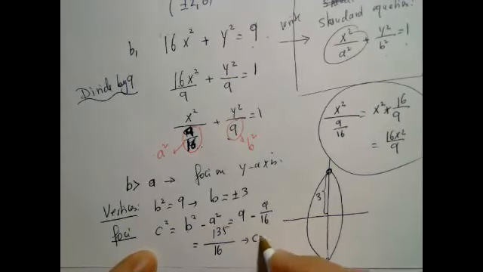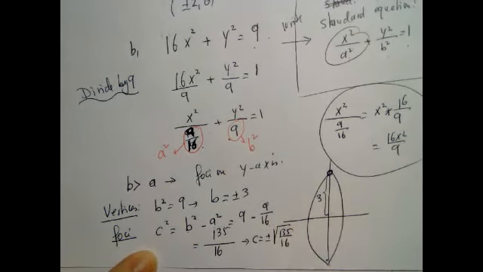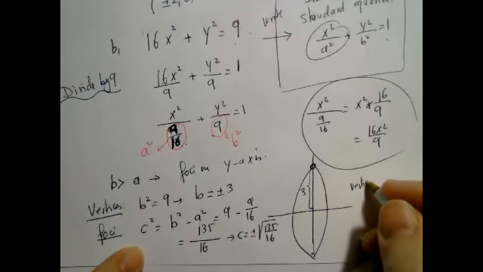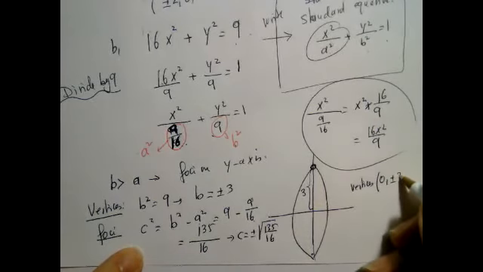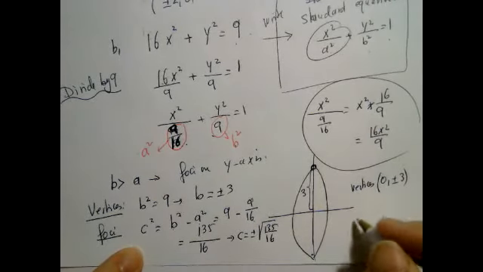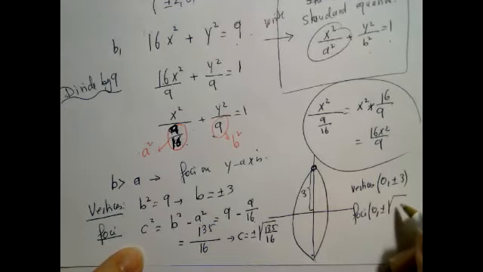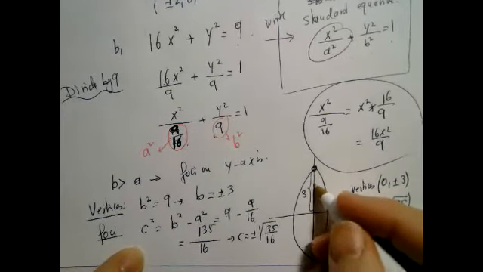It means c is plus or minus the square root of 135 over 16. So the vertices are 0, plus or minus 3, and the foci are 0, plus or minus the square root of that, somewhere in here.